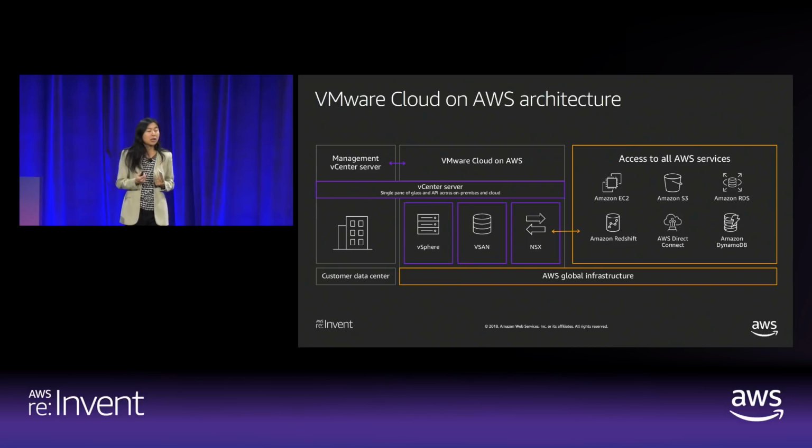Customers also say, not only do I want to come into the cloud fast, especially when I need to get out of a data center, my lease is upcoming for a renewal, and I don't have the time to go through the refactoring or the rewrite of the applications. I also want to be able to access all of your great AWS services. This is really why I'm here at re:Invent, right?